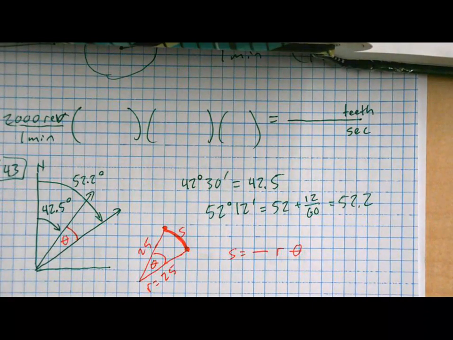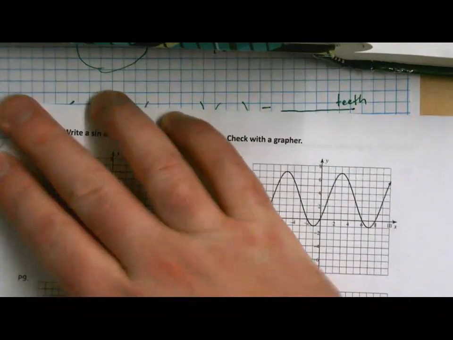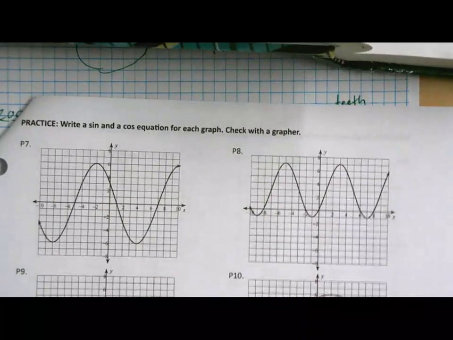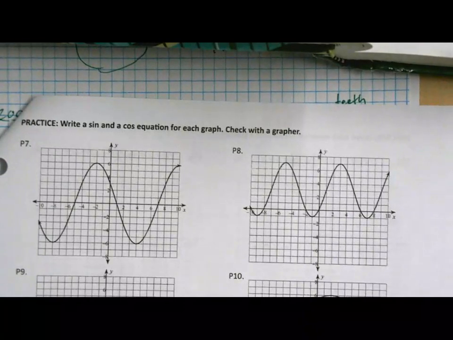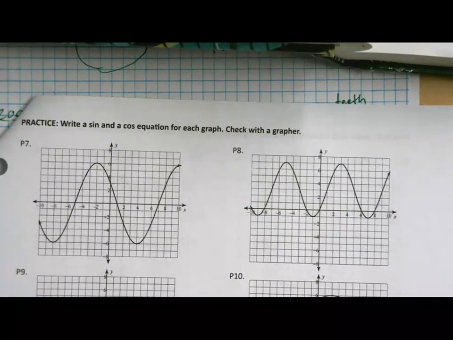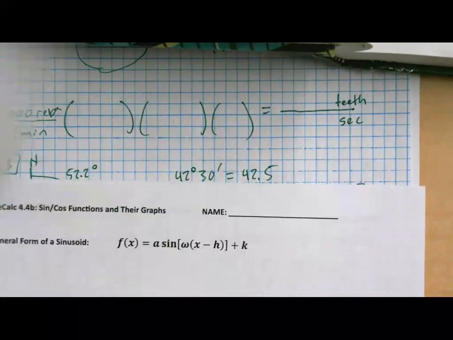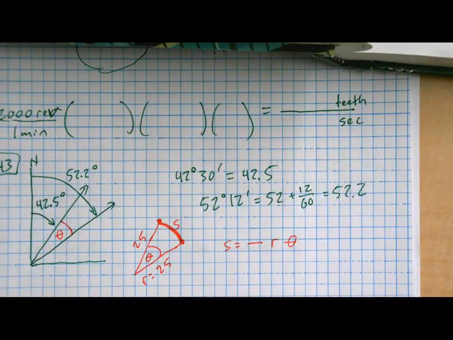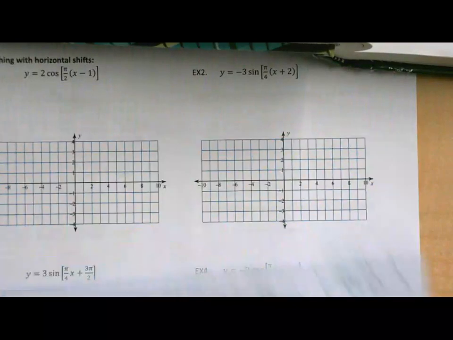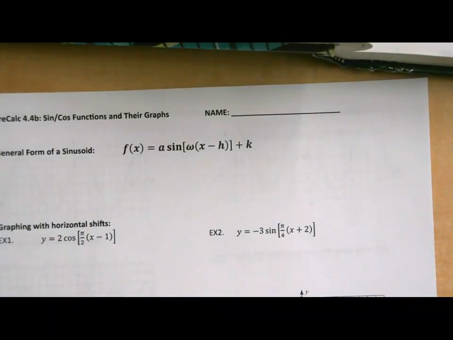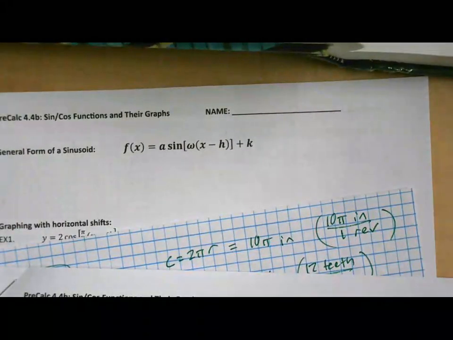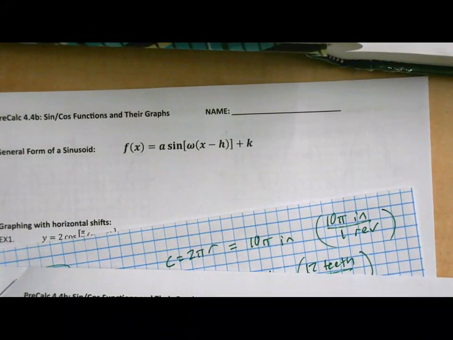P7. This the one here? Oh man. Wait, is this? That's today's packet. How did that end up in there? I was about to say, I gave you the wrong packet if I gave you that problem.